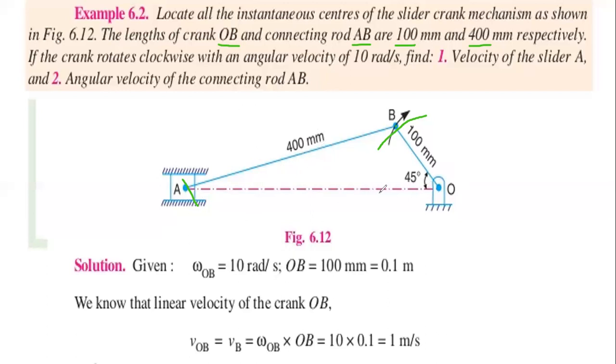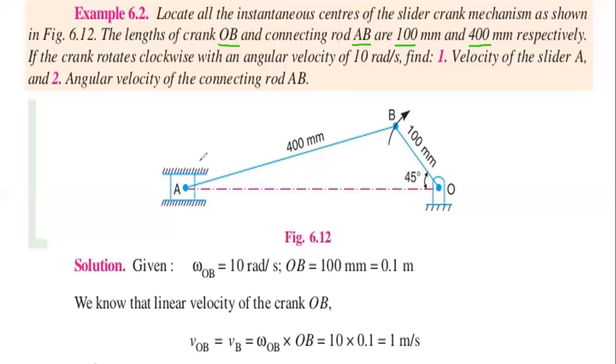In this slider crank mechanism, there are 4 links. This is the first link, the fixed link. This is the crank, the second link, this is the connecting rod, and the fourth one is the slider.